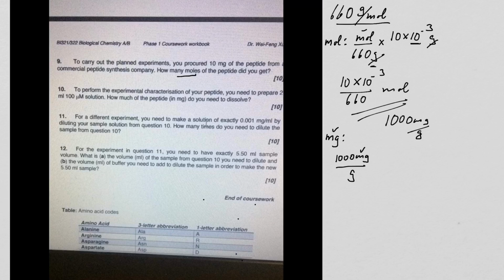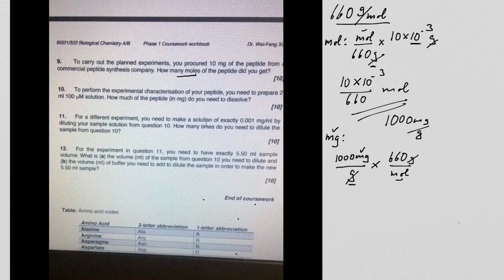Now we need to get rid of the gram down here. So do we have any gram somewhere? Yes, we have our molecular mass. So times 660 gram per mole. So the gram cancel out.